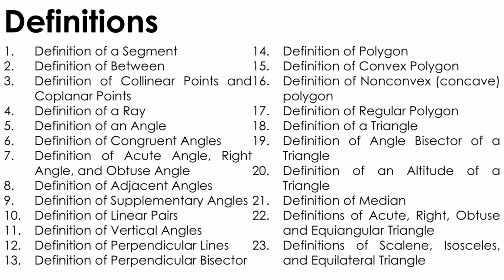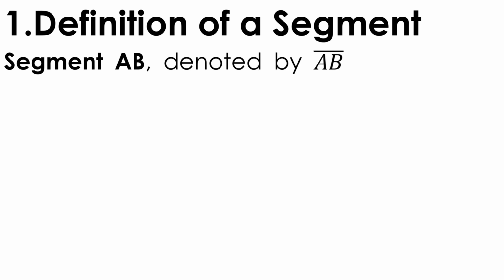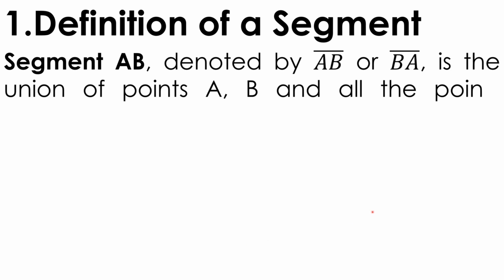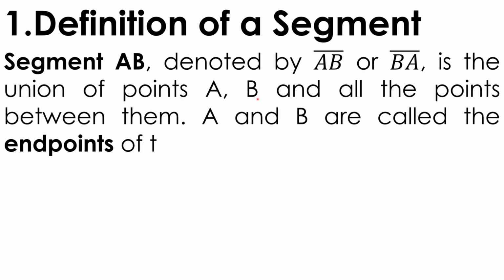We are going to discuss all 23 definitions, and let's start with definition of a segment. Segment AB, denoted by the symbol segment AB or segment BA, is the union of 2 points A and B, and all the points between them.